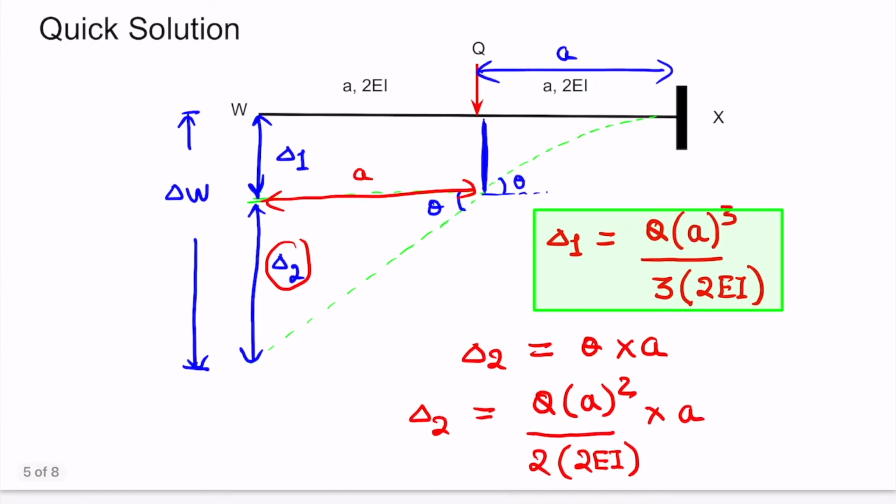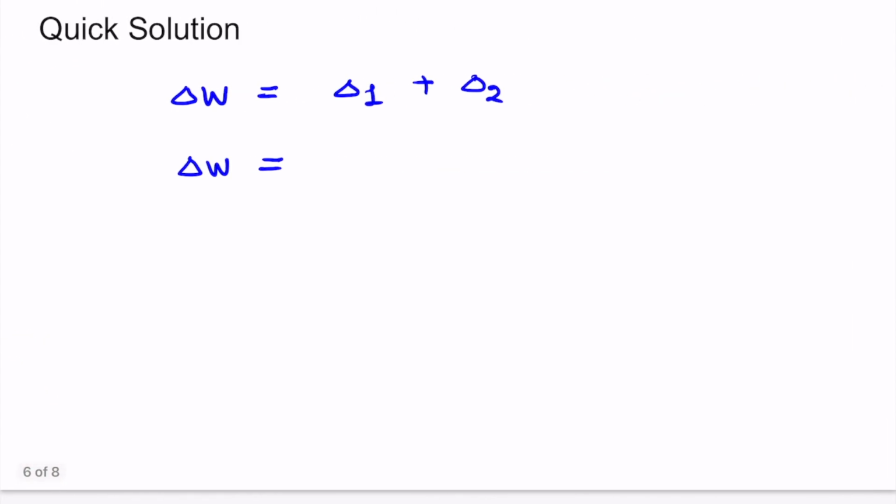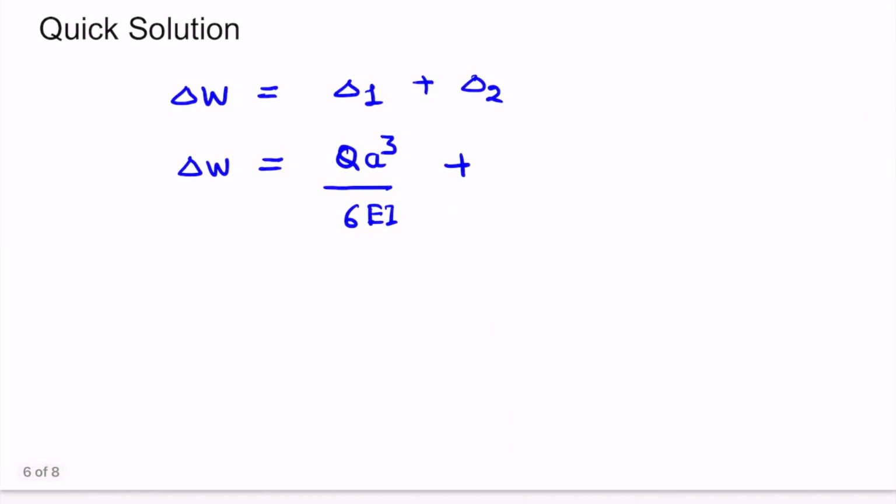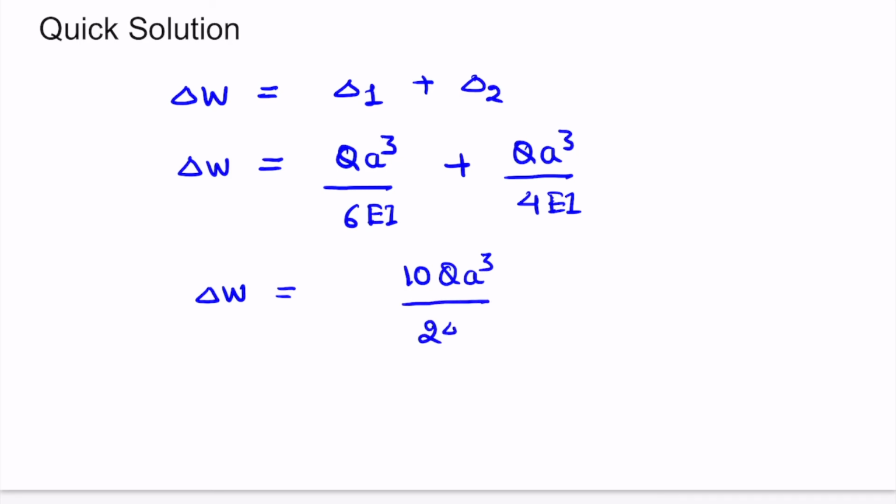Delta 1 is QA cube by 6EI. And delta 2 is QA cube by 4EI. Okay, so finally what will be delta W? Delta W will be 10QA cube by 24EI.